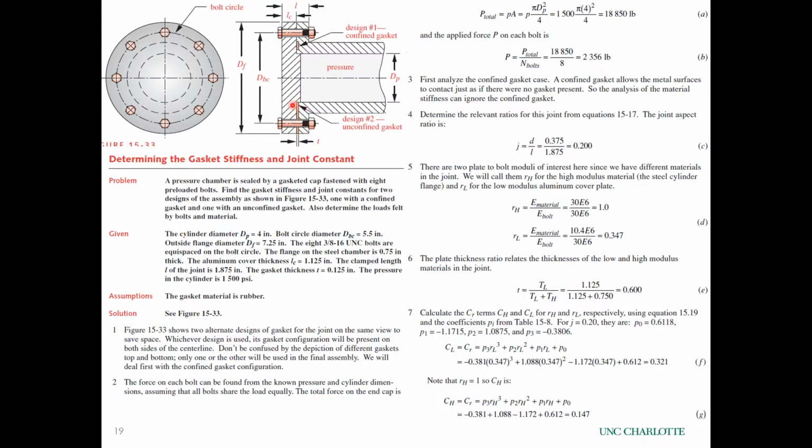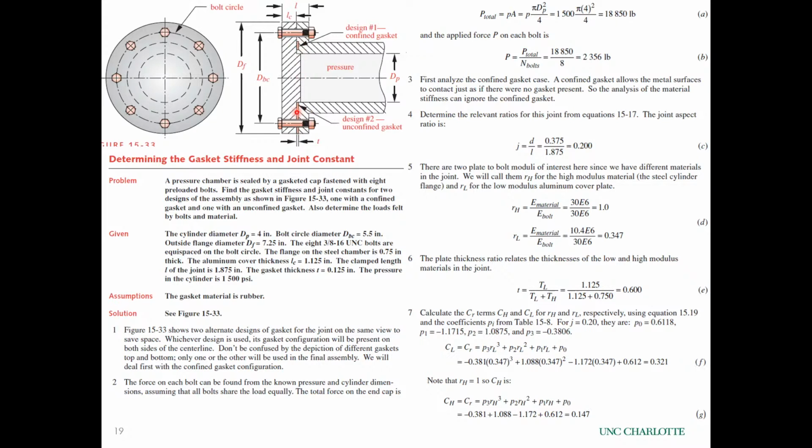And the design philosophy is that if you get a bolted joint and you apply the right preload, any other loads that are experienced by that joint are going to primarily be picked up by the material. Now, obviously, every design dictates its own solution, so it's not a universal solution to use an unconfined gasket in an application.